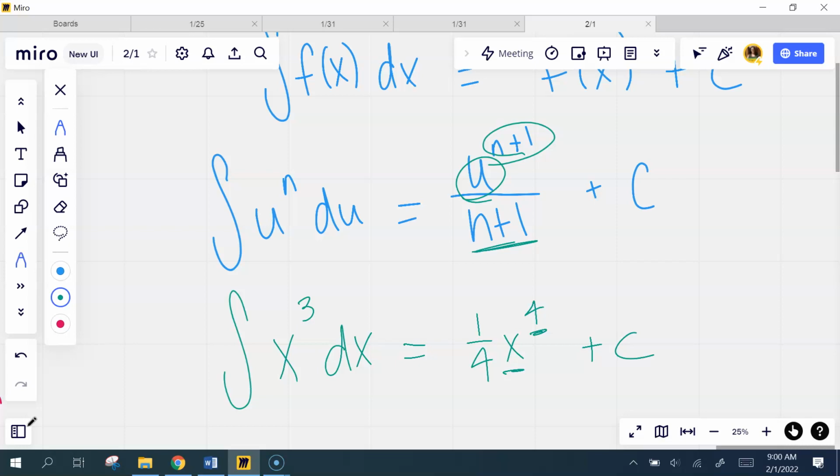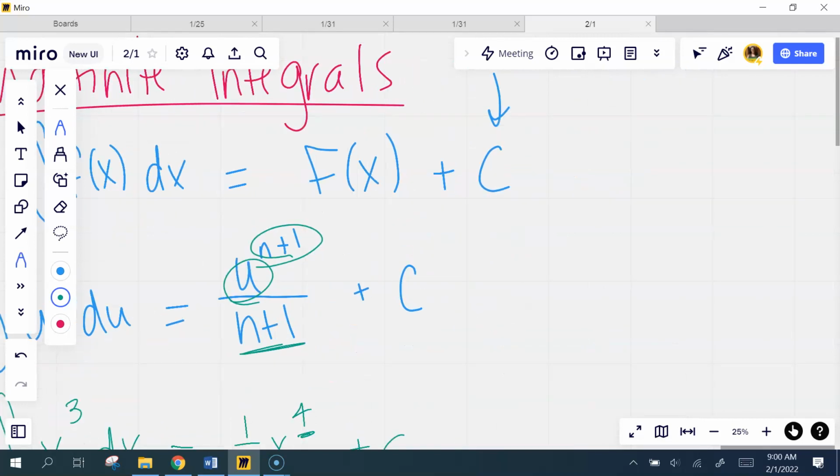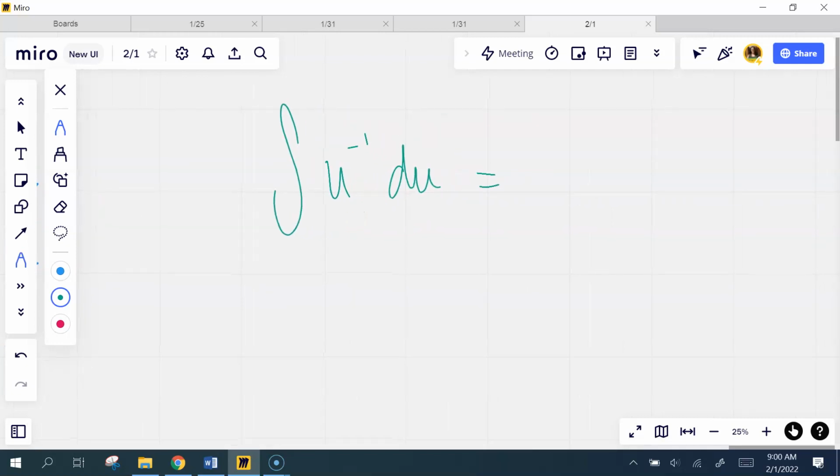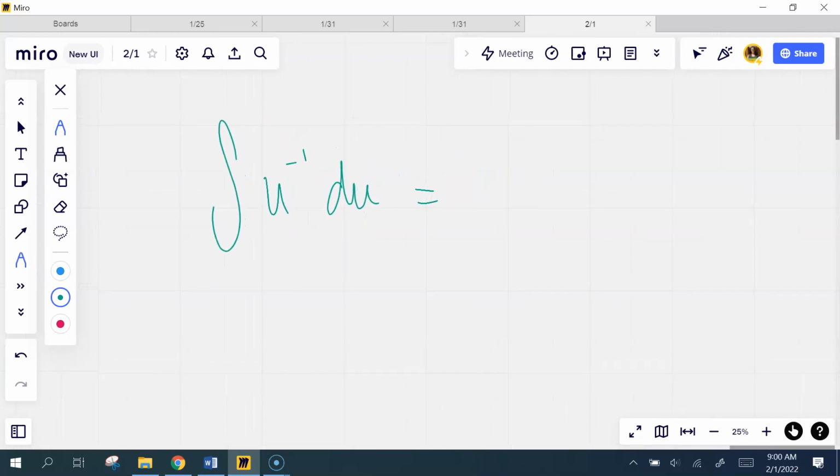They're all on there for you, though. You just have to memorize them. So you tell me what would be the integral of u to the negative 1 du. Y'all should know that.